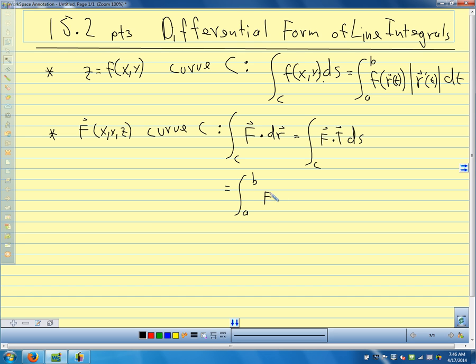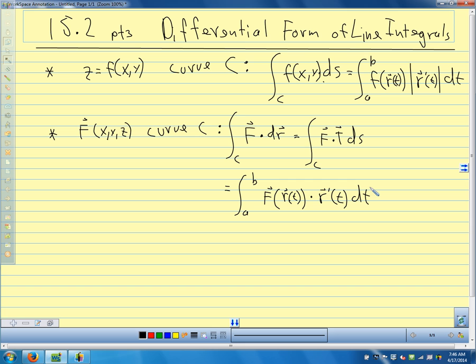We expressed our vector field in terms of our parameterized curve, f of r of t dot r prime of t dt. So that's what we've spent the last couple of times talking about.